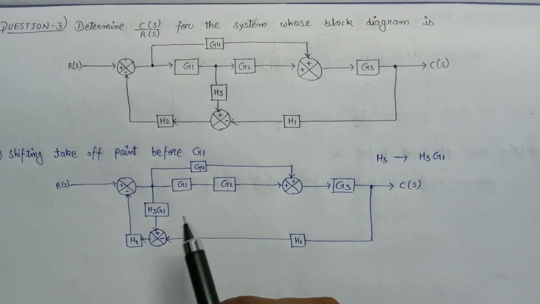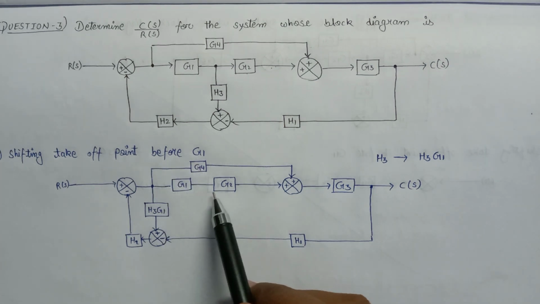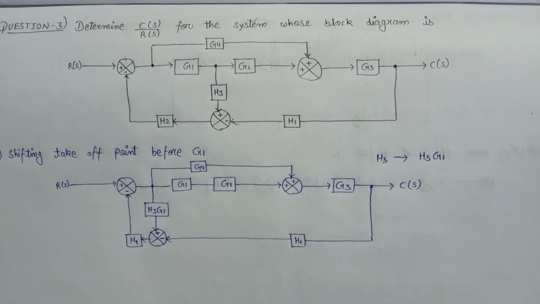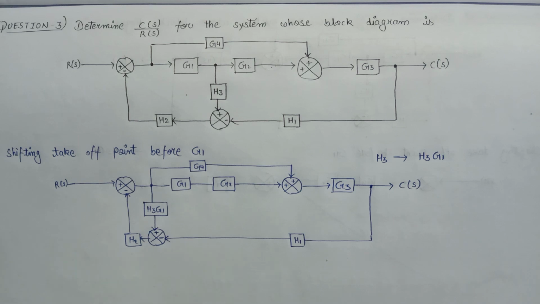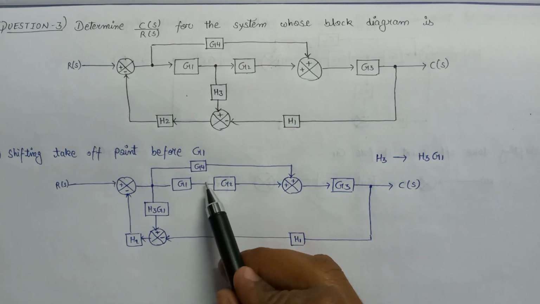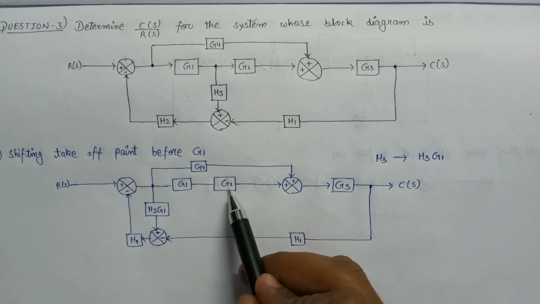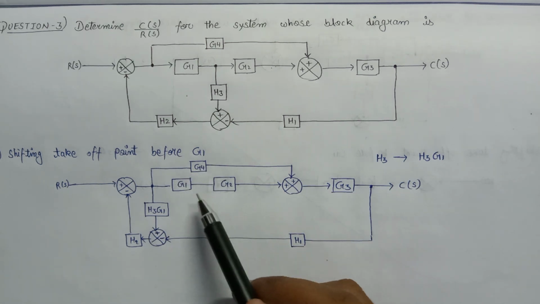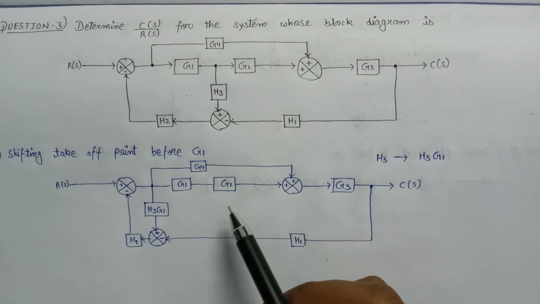So now have a look at these blocks. Now G1 and G2 are connected in series, and G4 is connected in parallel to G1 and G2. So let's have a look at this series and parallel combination.